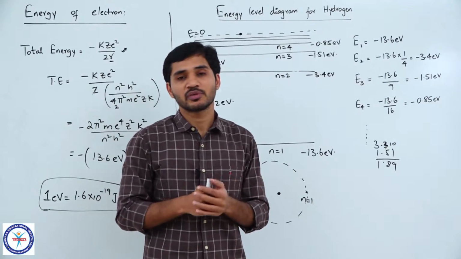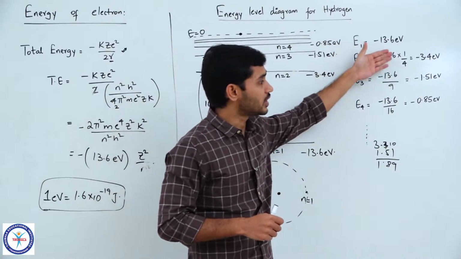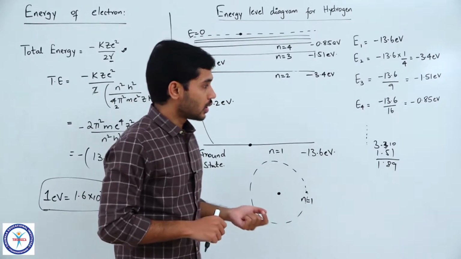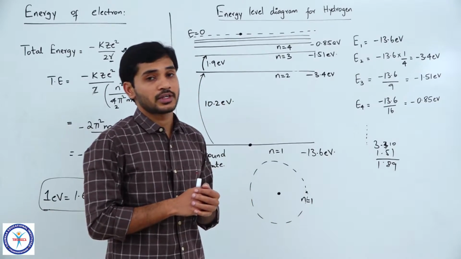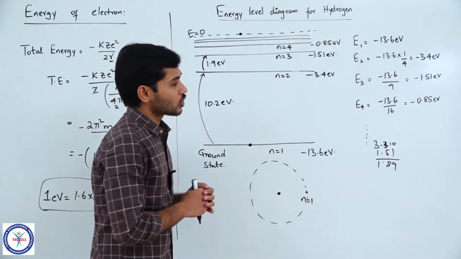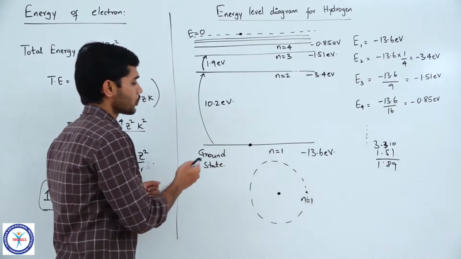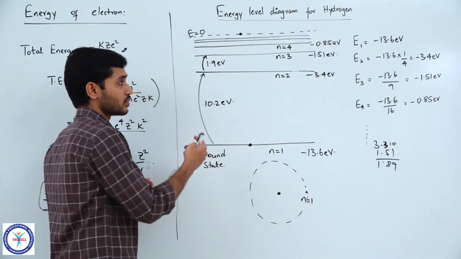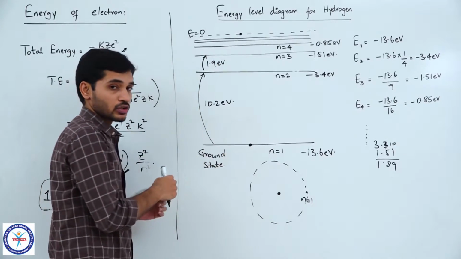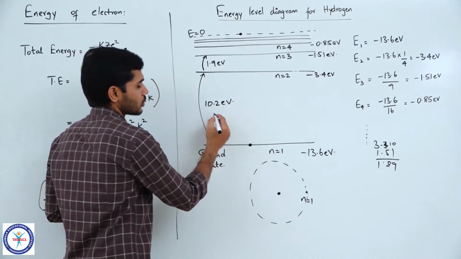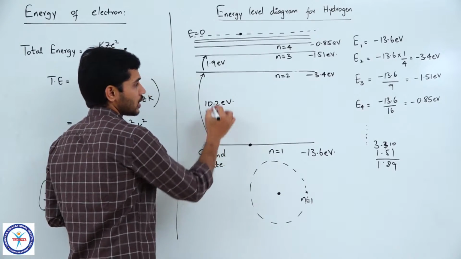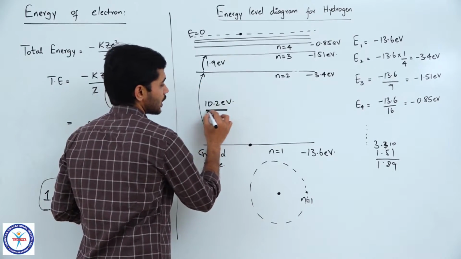So it is very important for you to know each and every one of these values by heart. Not just the energy levels, even the difference in energy levels, and also the energy differences between the nth orbit and the first orbit. What I mean to say is, the energy difference between 1 and 2 is 10.2 electron volts.